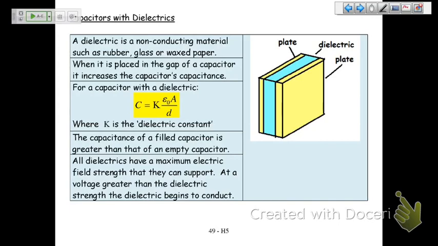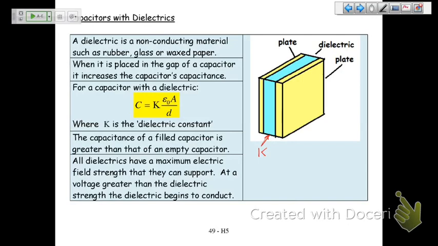And it turns out that I can characterize the effect of this dielectric by a figure of merit called my dielectric constant. And it's simply a number which is a multiplication factor. So if I put a dielectric constant in there that has a value of 100, I get 100 times the capacitance that I would do without it.